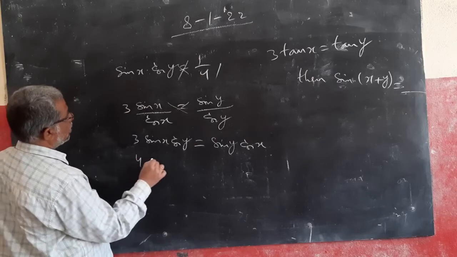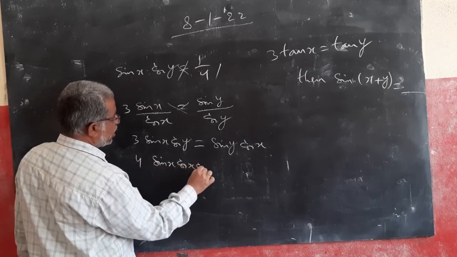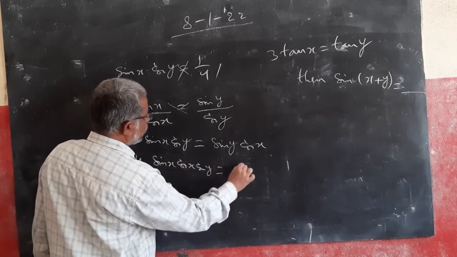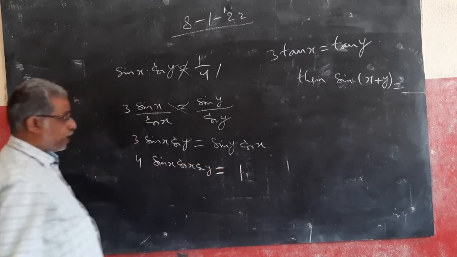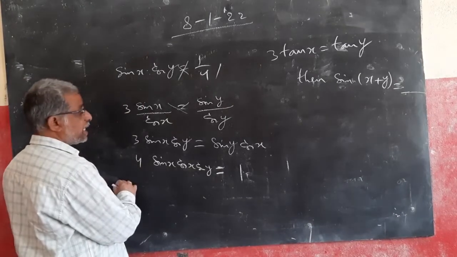4 sin x cos y equal to 1. Now I will subtract one from the other.